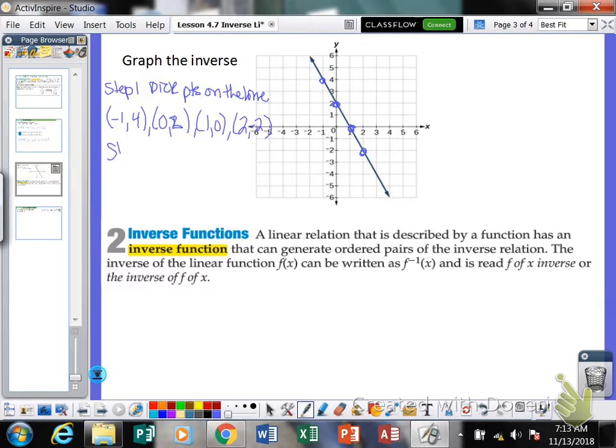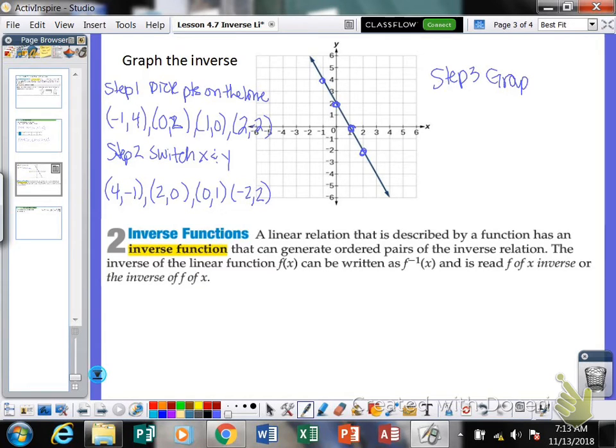Okay, so then step 2 would be to switch x and y. So now I have (4, -1), (2, 0), (0, 1), and (-2, 2). And then step 3, graph new points.